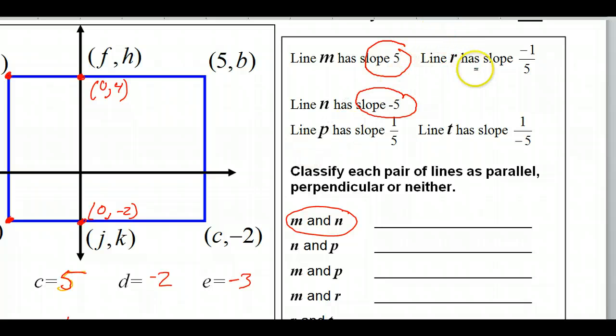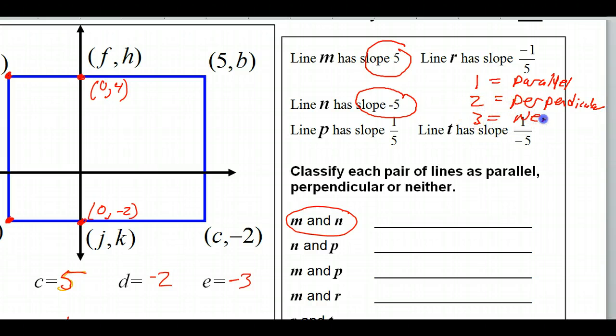Let's do this. One finger will mean parallel, 2 fingers will mean perpendicular, and 3 fingers will mean neither.